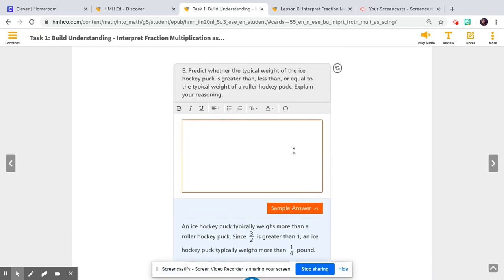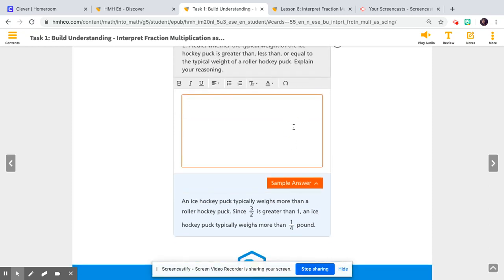They're not looking for an exact answer, but if they were, all you would have to do is do 3/2 times the 1/4. 3 times 1 is 3, 2 times 4 is 8. Okay? So the 3/8 is greater than 1/4. And how would we know that? Now I have to make my 1/4 equal to a denominator of 8, so that would be 2/8.